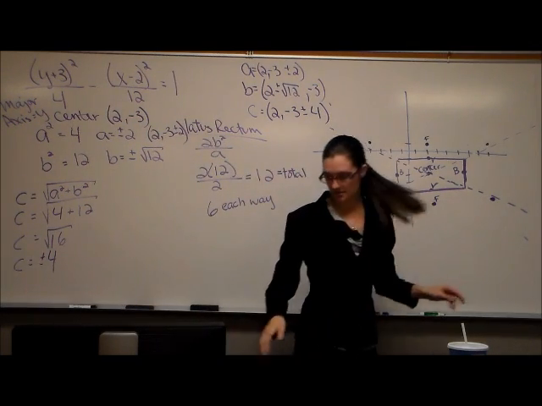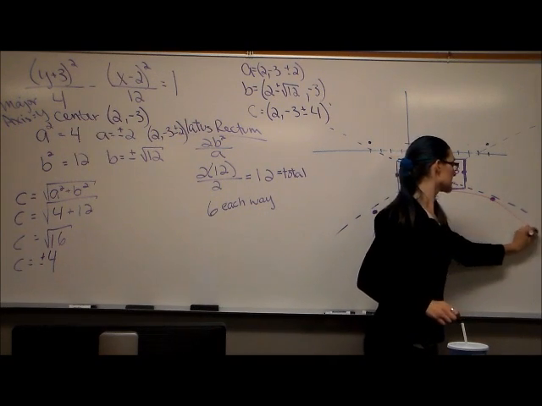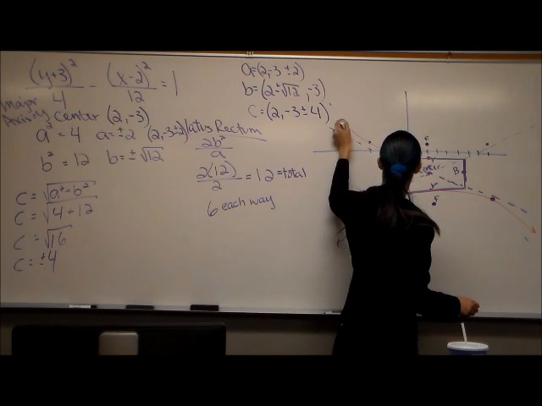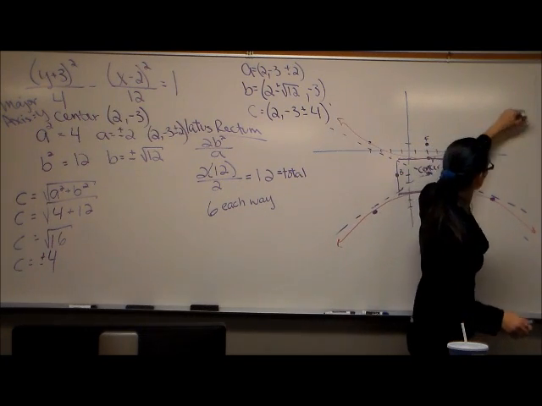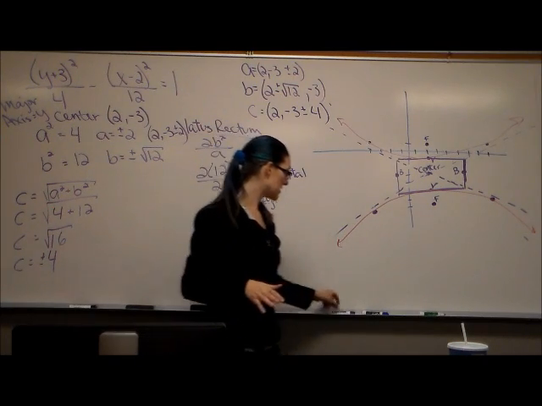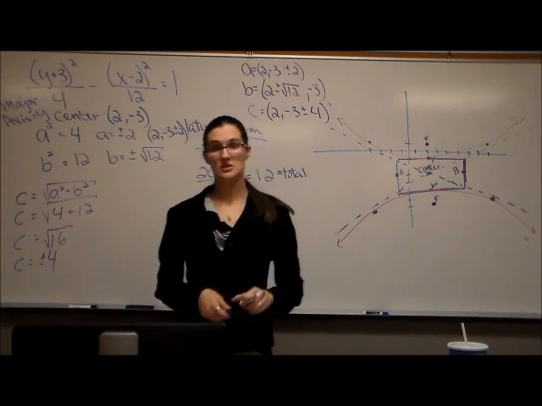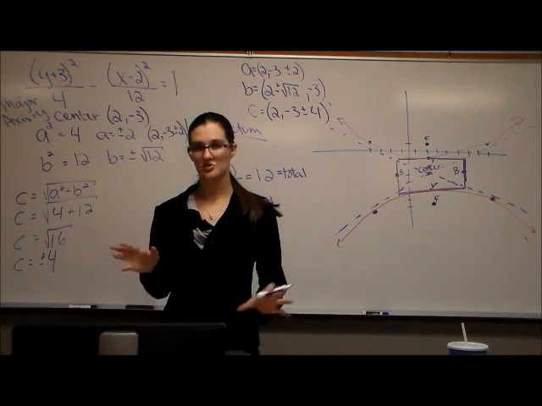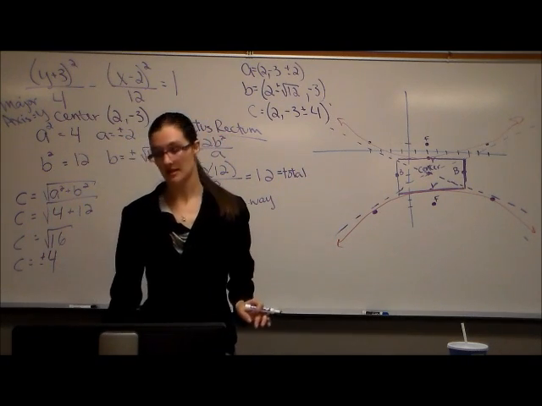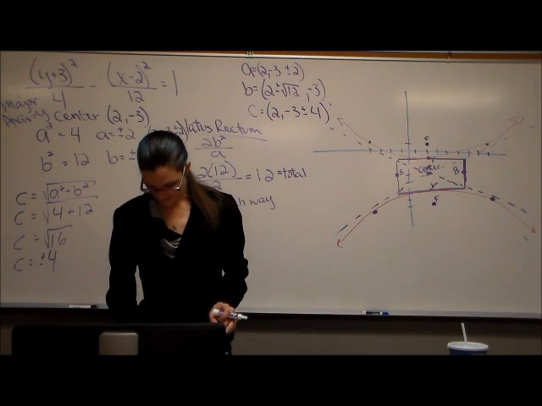It goes through your vertex and the ends of the lattice rectum following your asymptotes. Through the vertex, through the ends of the lattice rectum. Does not have to be perfect. Just make sure you have all the information there so that I can look at it and say, yes, you have everything, you're good to go. Doesn't matter if your lines are perfectly straight or not. Make sure the diagonals go on the inside of the focus. Okay.